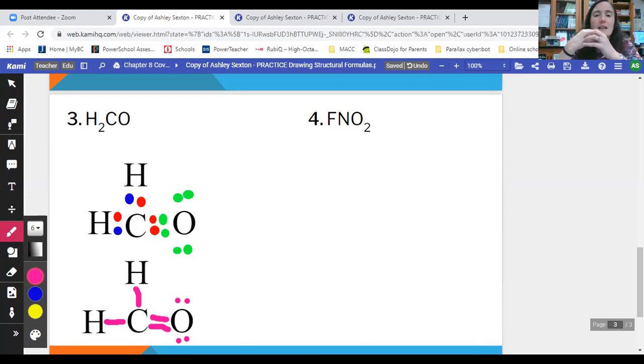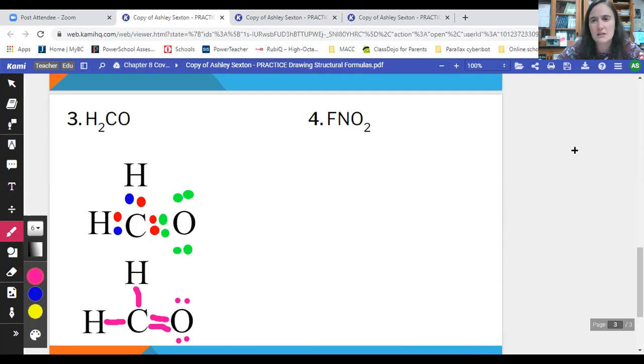Okay, the last one is, there's another part in the notes I talked about what was called a resonance, which means it could be drawn several different ways, the way the bond is going to happen. Like it can bond at this oxygen or this oxygen. And in this case, it's the same thing.